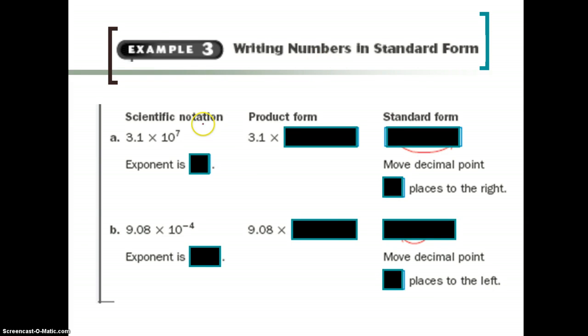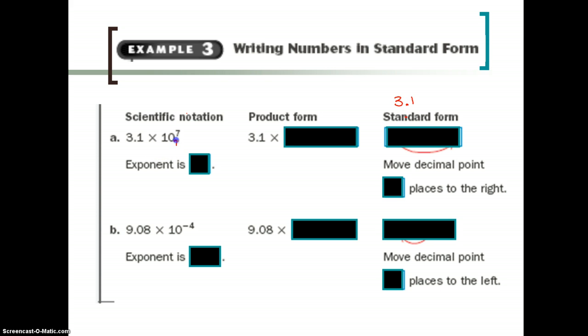This time we're going to try writing from scientific notation to standard form. First thing I like to do is just write down my number. I'm going to put it up here. So 3.1. The exponent tells me how to move this decimal point.